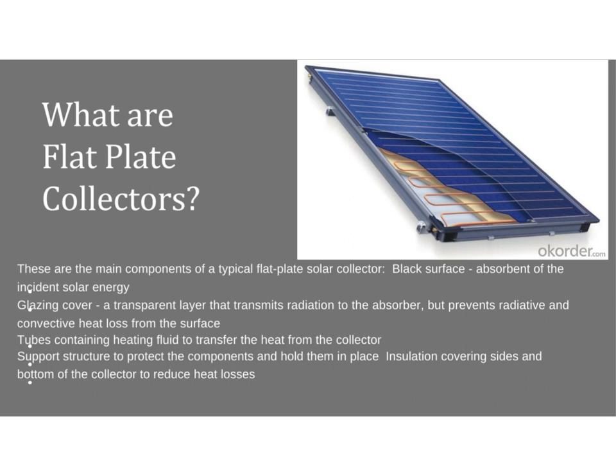Then come the tubes, which contain the heating fluid to transfer the heat from the collector. Support: the support structure is used to protect the components and hold them in place. Insulation covers the sides and bottom of the collector to reduce heat losses.